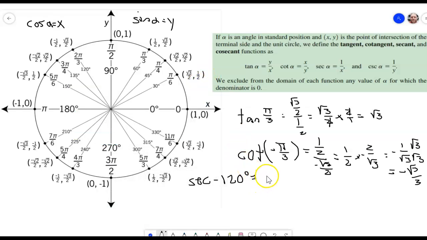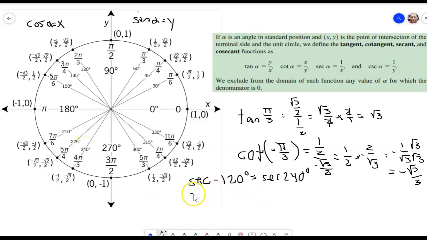So this is equal to the secant of 240 degrees. I can do that because remember, you can add or subtract multiples of 360. So the secant of 240 is right here. And the secant is 1 over x.